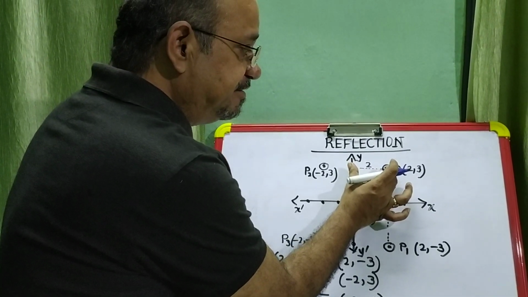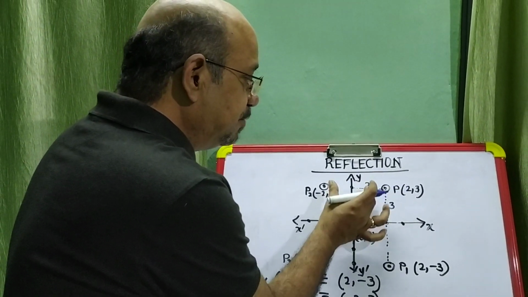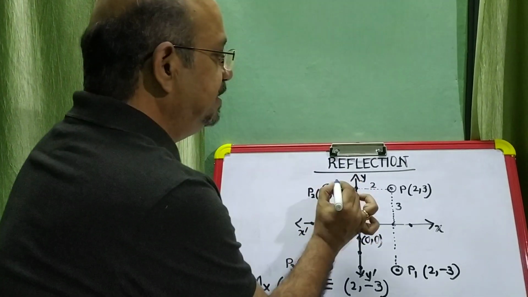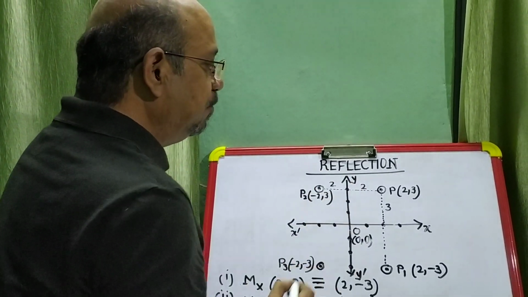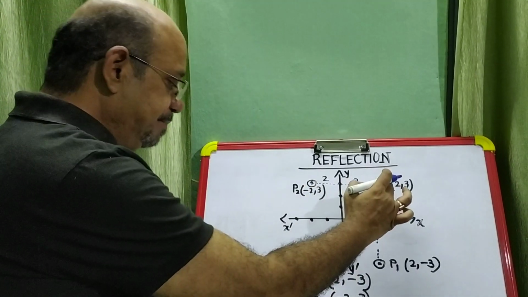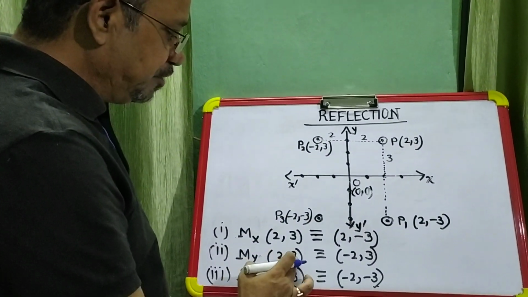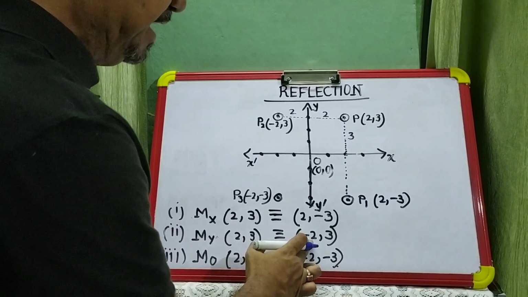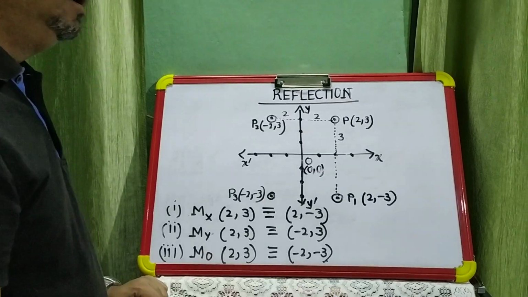How much is the distance? This distance is 2. So it will come on to the other side of the y-axis, 2 units from it. So its coordinate will now become (-2, 3). So we say P(2, 3) when reflected about the y-axis, the coordinate is (-2, 3).